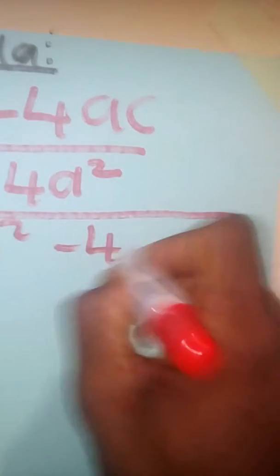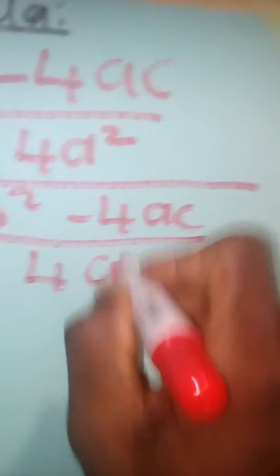Now I'm going to take the square root of both sides to remove this square that I'm transferring to the other side. It gives me x plus b over 2a equal to plus or minus square root. Don't forget, when you're transferring a square root, it's going to be plus or minus square root of b square minus 4ac over 4a square.